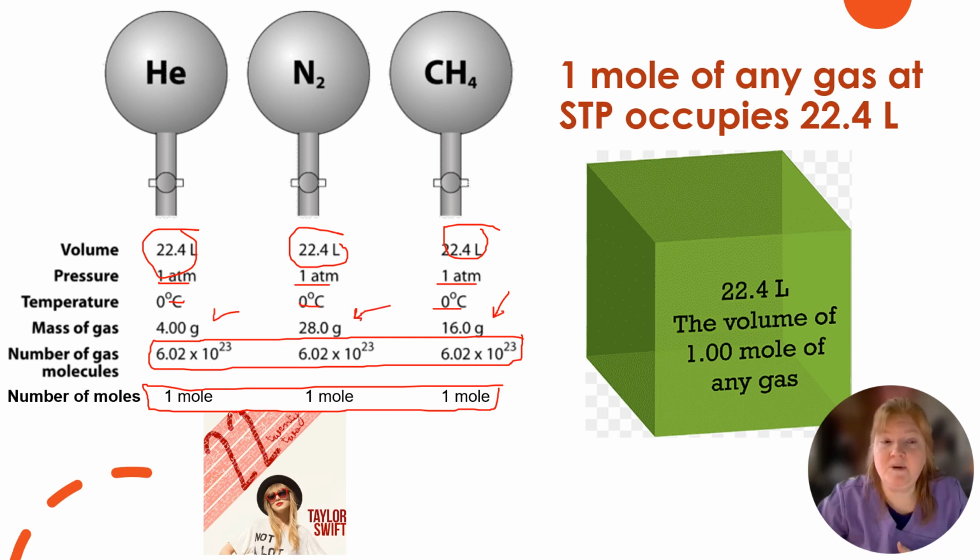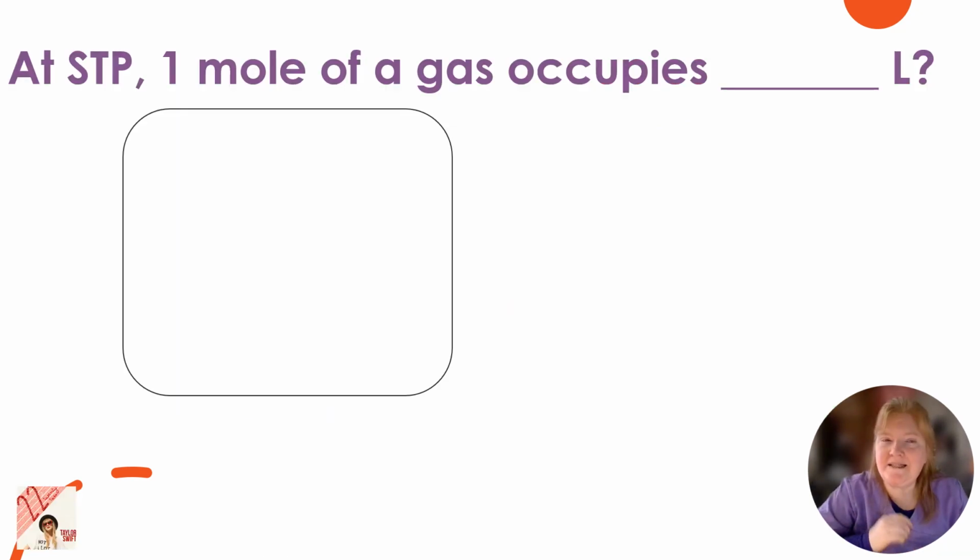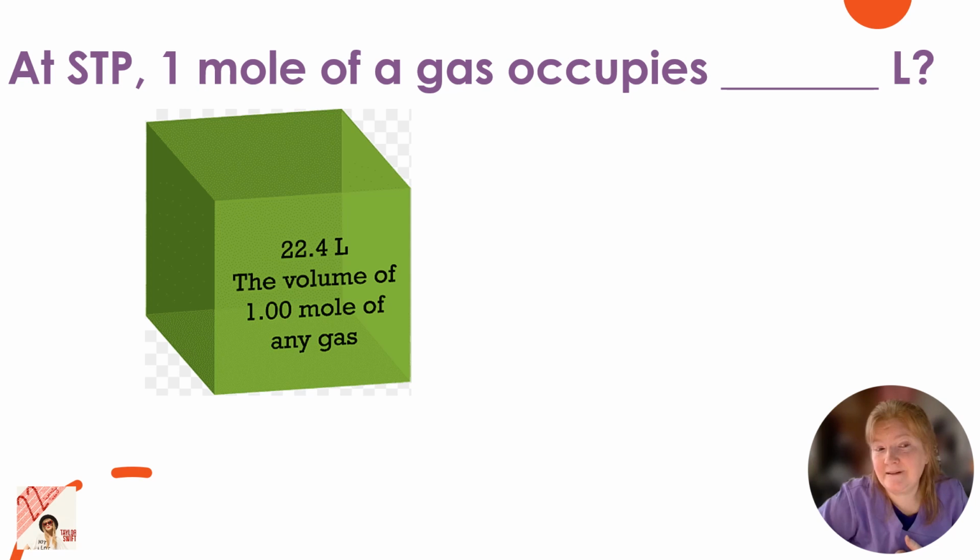The mass, because that is relative to their atomic mass. Okay? At STP, 1 mole of a gas occupies 22.4 liters.